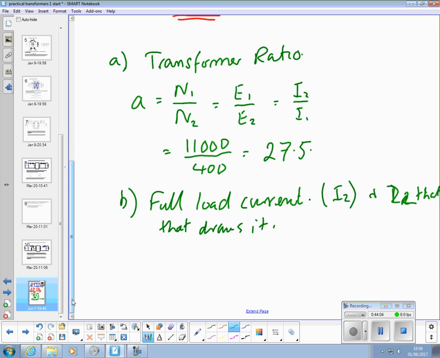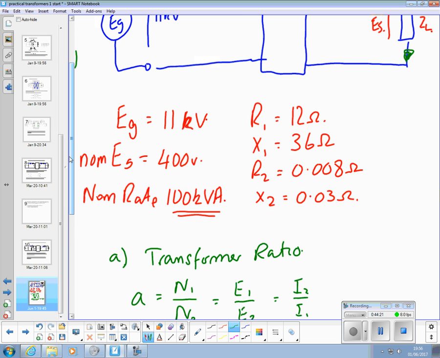So, what is the full load current? And what resistance value would cause that full load current to flow? From the information you've been given here, how can we calculate that current flowing in there at full load?